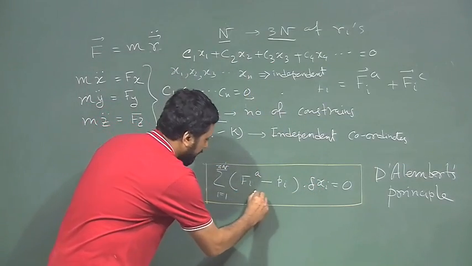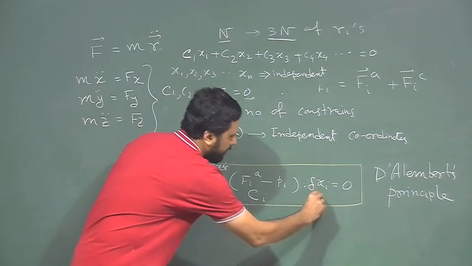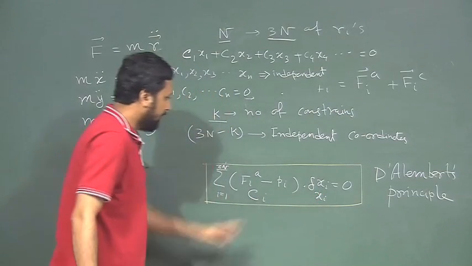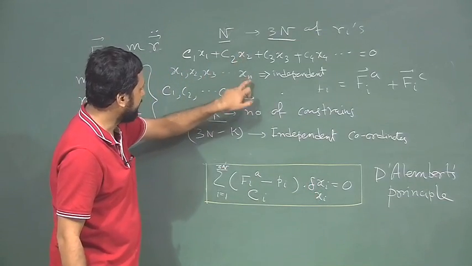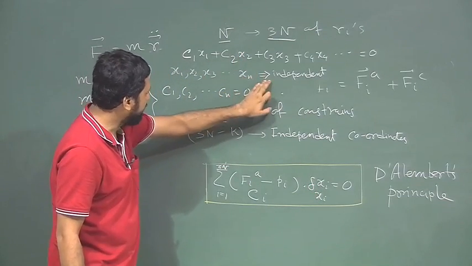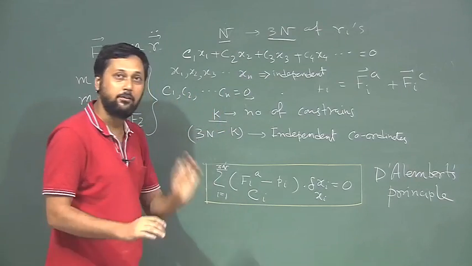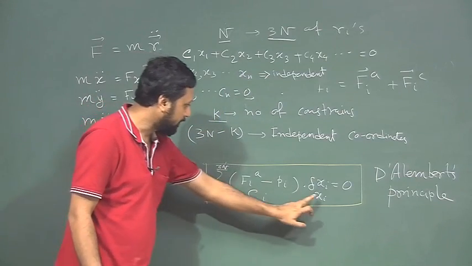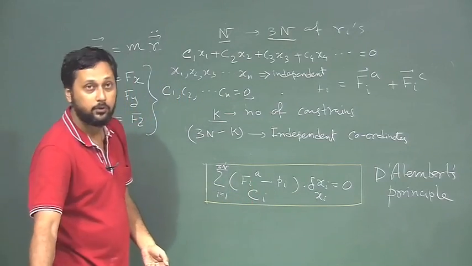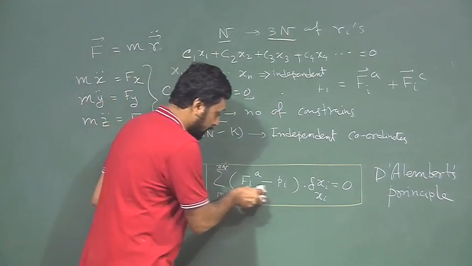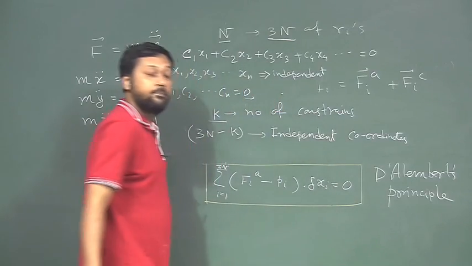So, this is your Ci term and this is your xi term. Only if the xi's are independent can we claim that all Ci's are individually 0. If they are not independent, we cannot say that each term is individually 0, the whole sum might be 0. So, there is a problem.